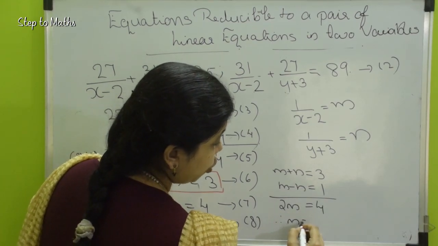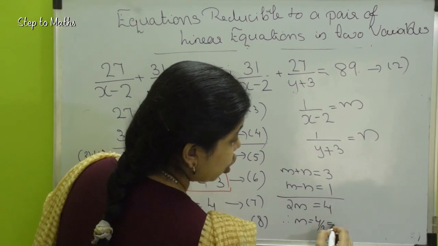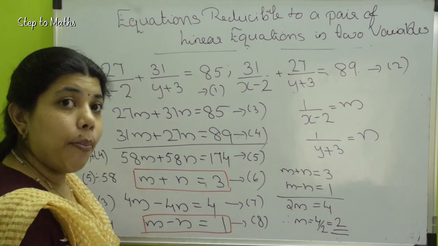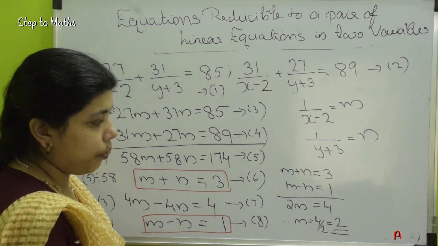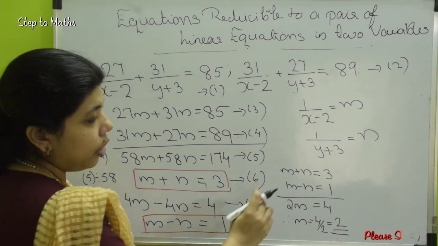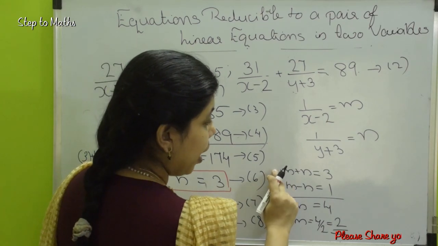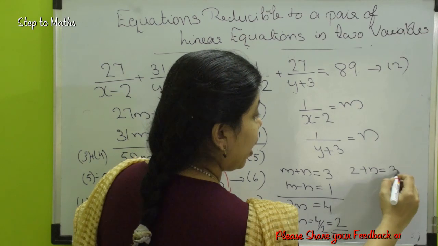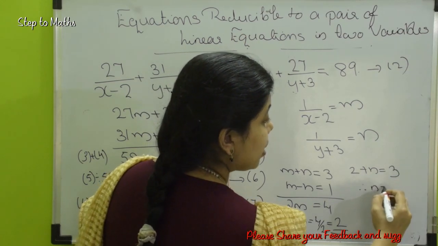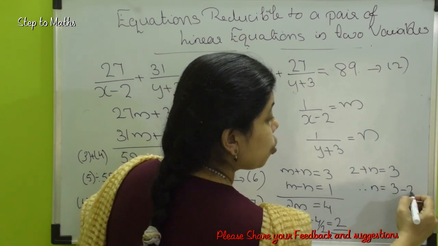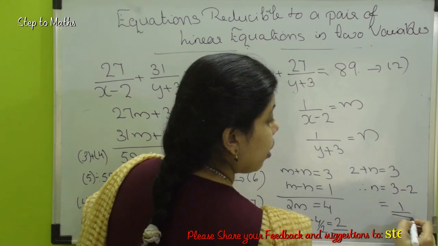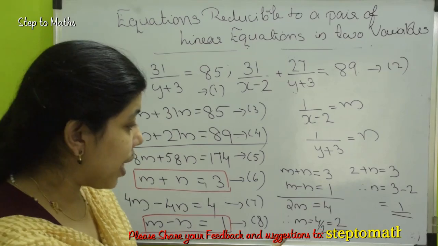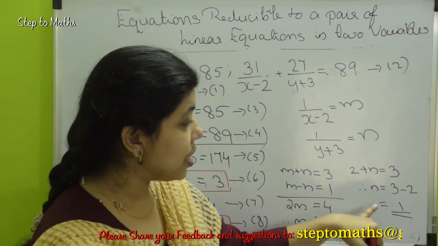Therefore, m is equal to 4 upon 2, which is 2. We get the value of m as 2. If we substitute the value of m in equation 6, 2 plus n is equal to 3. Therefore, n is equal to 3 minus 2, equal to 1. Now we get the values of the variables: m is equal to 2 and n is equal to 1.